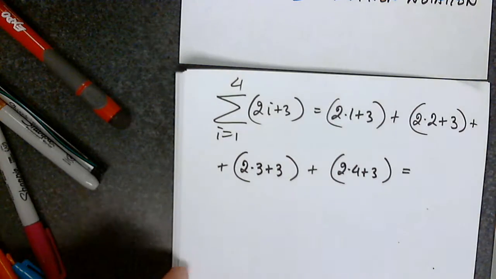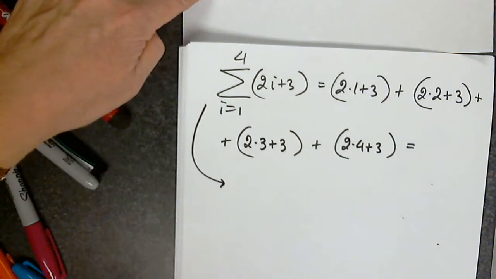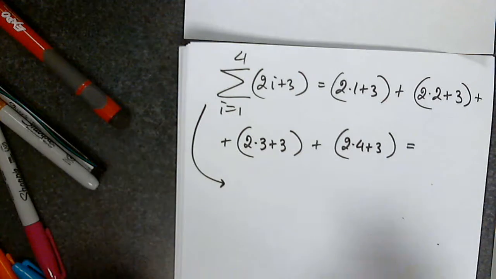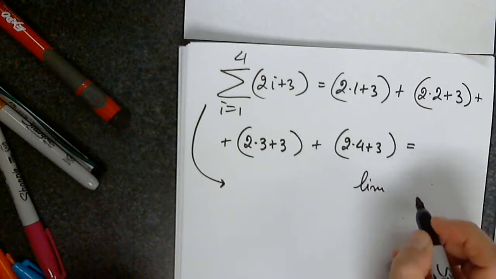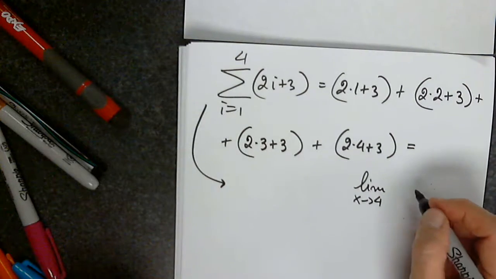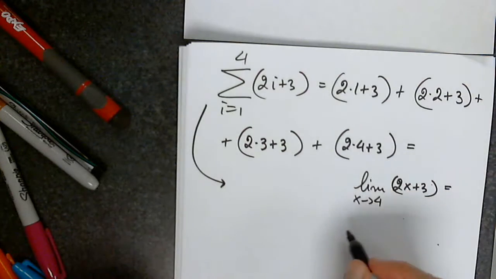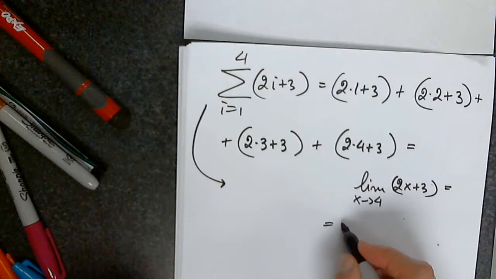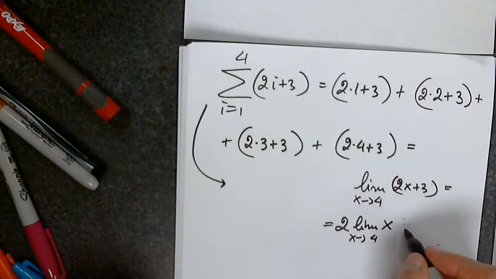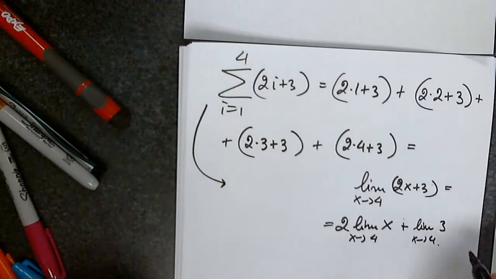And then I will determine this number. However, in the same way, like we did with the limit, do you remember when we have, for example, the limit as x approaches 4, let's say, from 2x plus 3, I can write 2 times the limit of x as x approaches 4 plus the limit of 3 as x approaches 4.